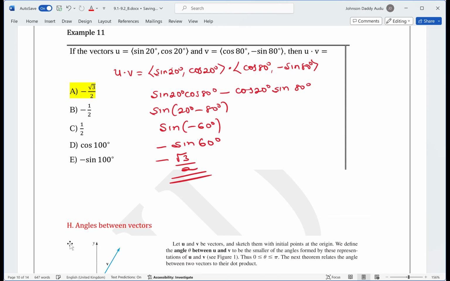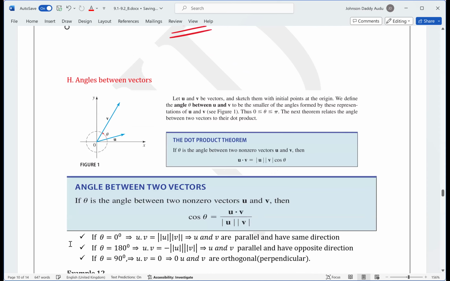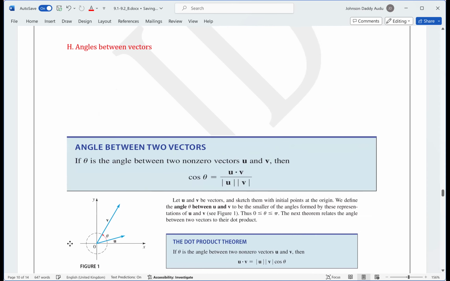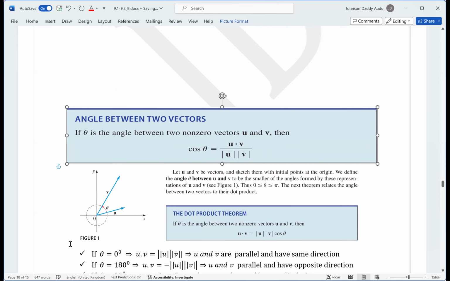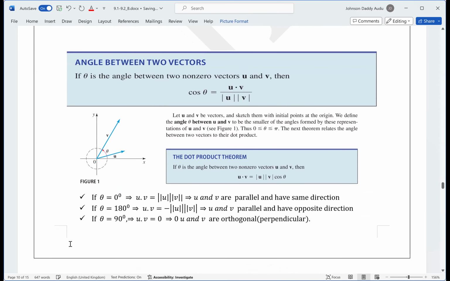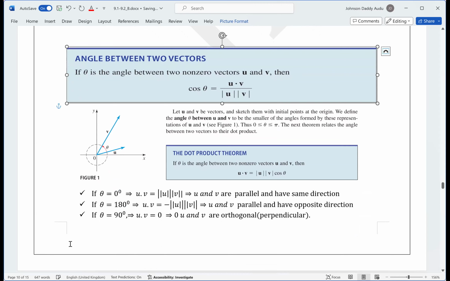All right, so now let's discuss the angle between vectors. If you're looking at the angle between vectors, you will see something very interesting here.